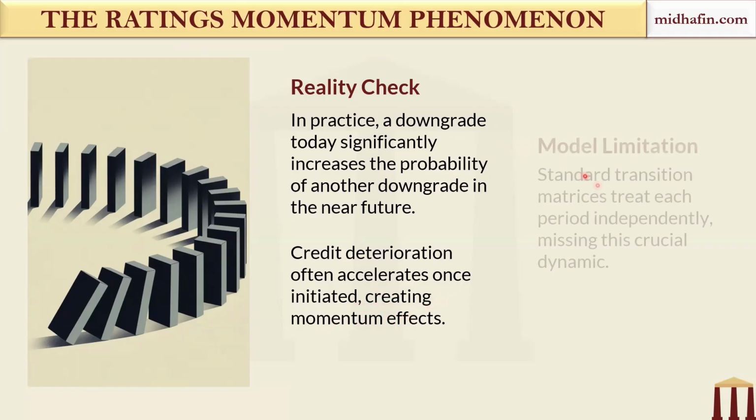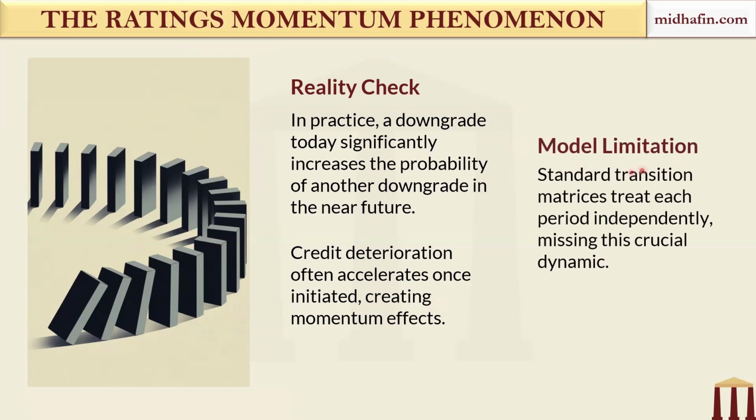Now, as we discussed, the model limitation: the standard transition matrices, whether we use them in the CreditMetrics model or other similar frameworks, assume that each period is independent. Okay, so they assume that the probability of downgrade next month does not depend on what happened this month.